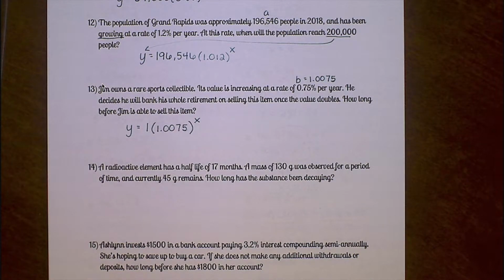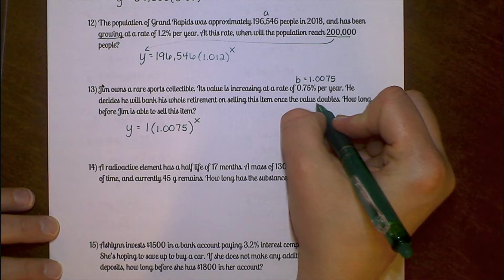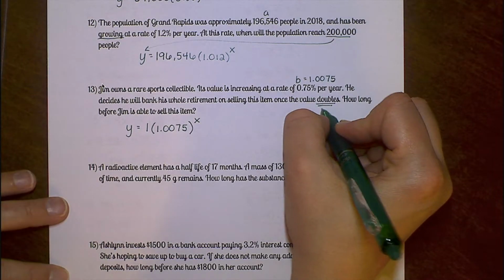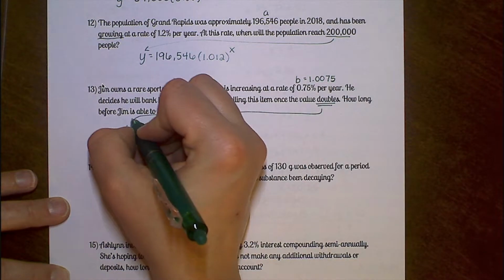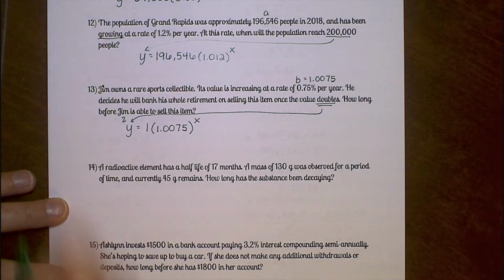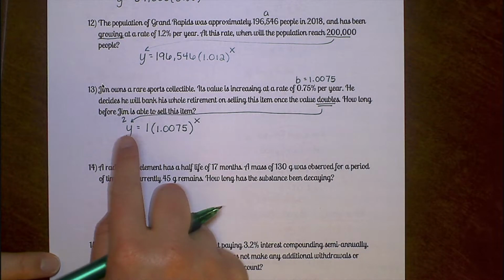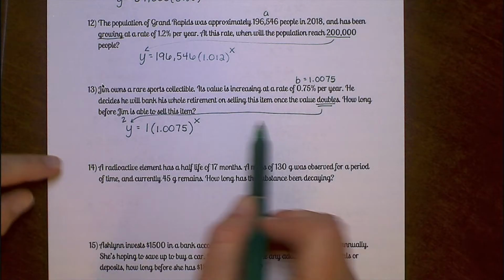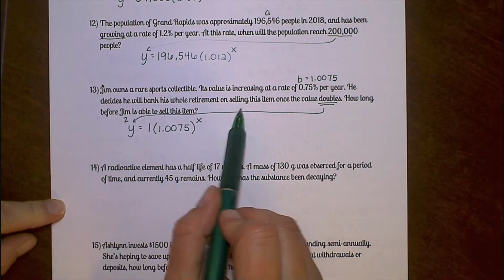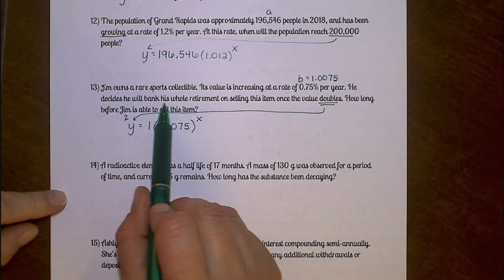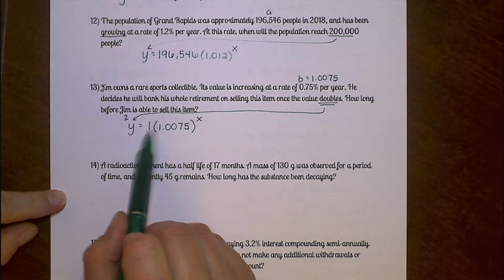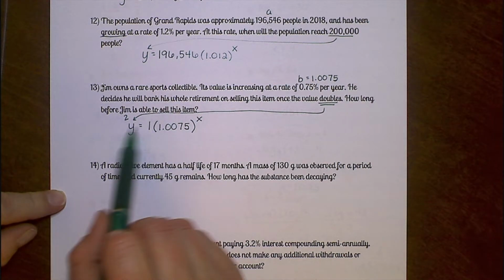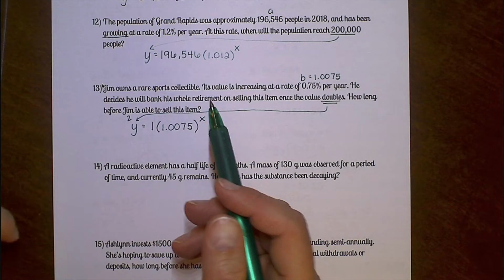Okay, and then if I want to know when my value doubles, what I will be doing is putting a 2 in here. Because to go from 1 to 2, that's making my value double. Now, you're probably thinking this doesn't make a whole lot of sense, right? Because the chances of him banking his retirement on something going from $1 to $2 does not sound very smart, right?